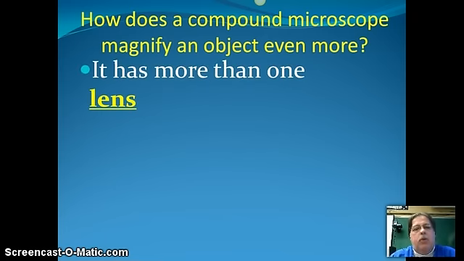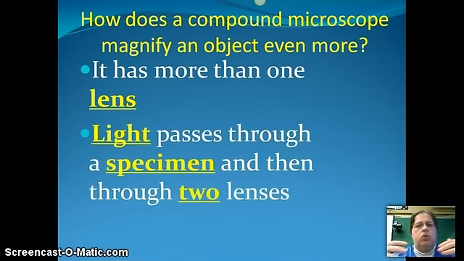We talked about how each lens contributes to the magnification of an object on your stage. So if the eyepiece that we look through has a 10 times magnification, then whichever objective lens we look through at the bottom, we have to multiply that number.